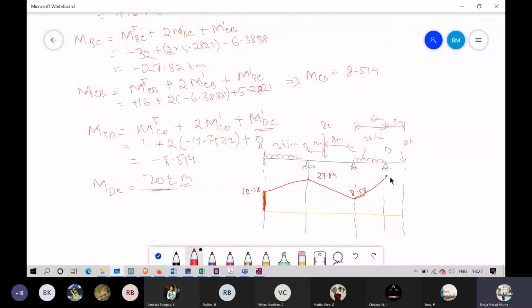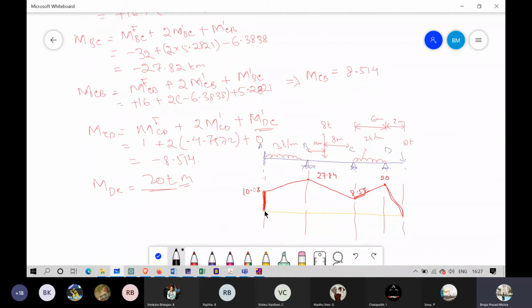This value, sorry, it is 20, and then it will come to 0.